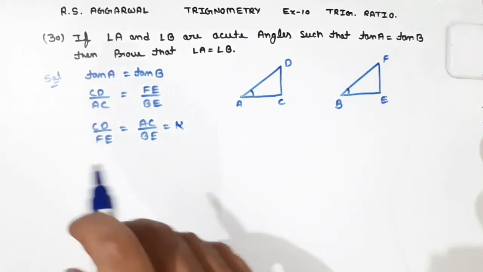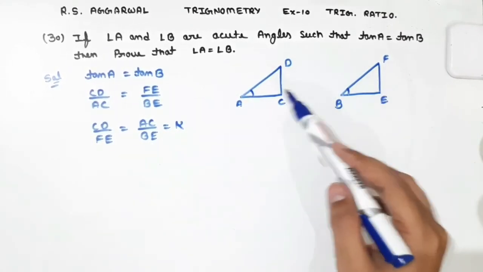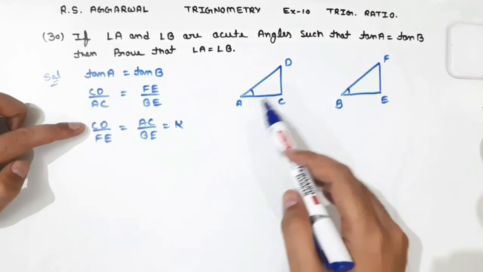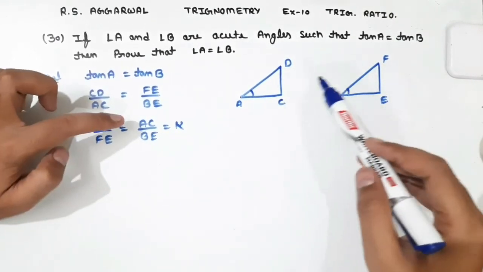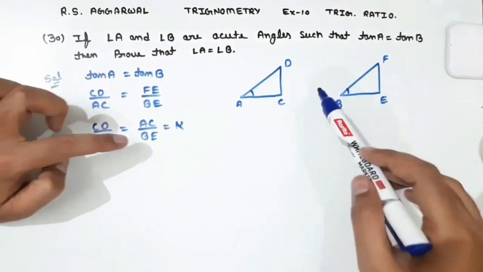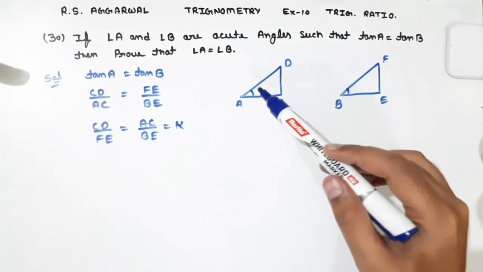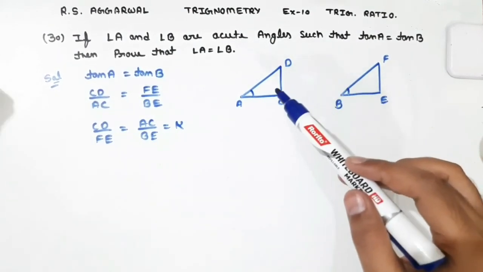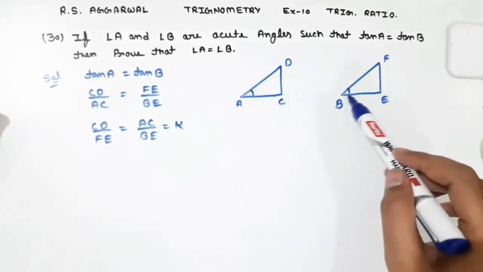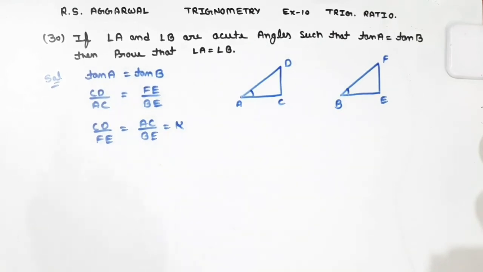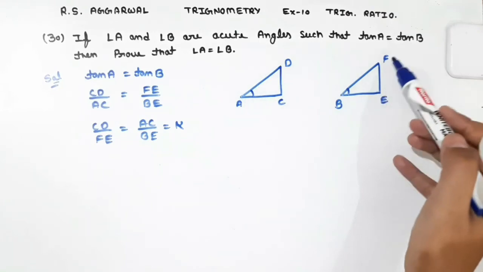Now from here we have the ratio of two sides of these two triangles, CD upon FE equals AC upon BE equals K. If we prove that the ratio of the third side of these triangles is also K, then we can say that these two triangles are similar, so angle A will be equal to angle B. So now we have the third sides AD and BF.